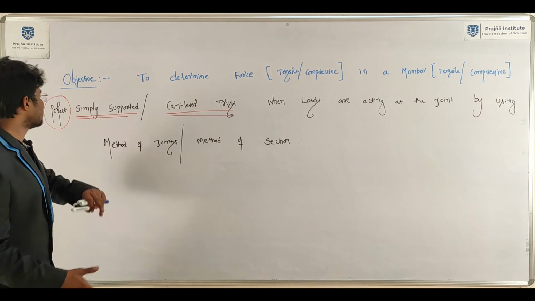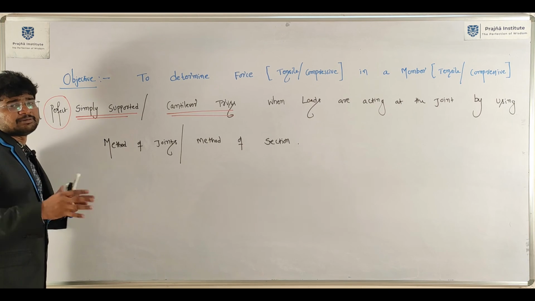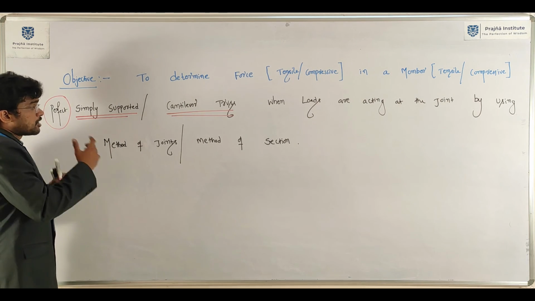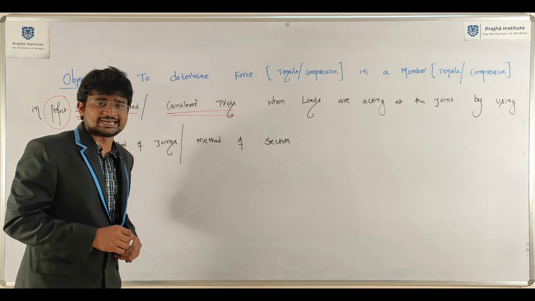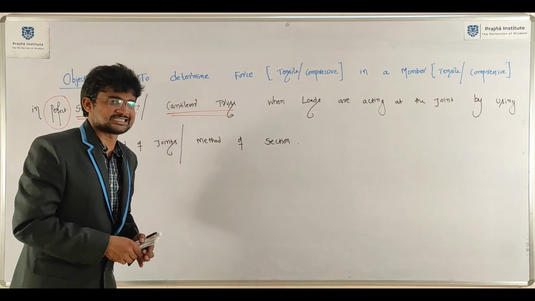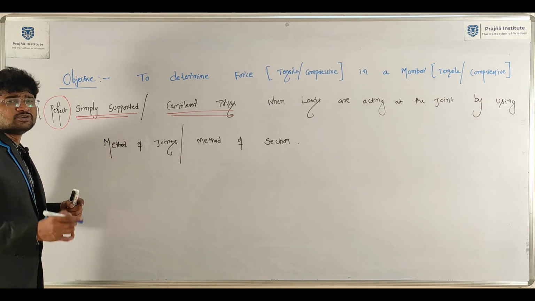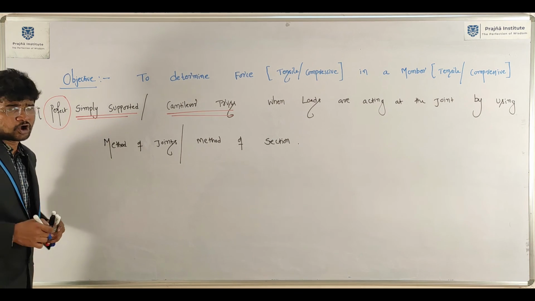When will you say the truss is perfect? Analysis of trusses can be done only for perfect simply supported truss or perfect cantilever truss. Your given question must be a perfect truss. So now you are in position to tell whether the truss is perfect or not.